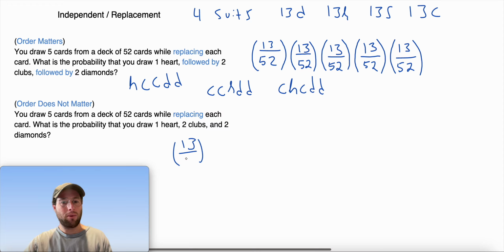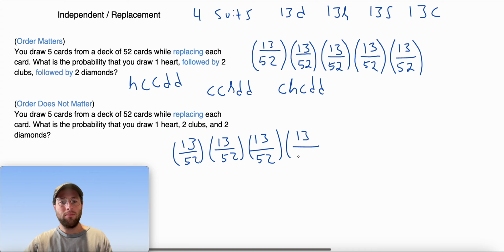what we found above: 13 over 52, 13 over 52. So I'm just going to copy down what we found in the previous problem. And this is the general probability of getting those cards.